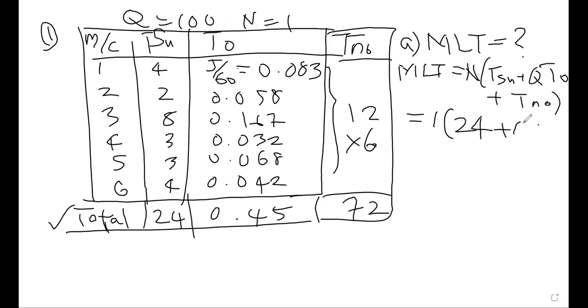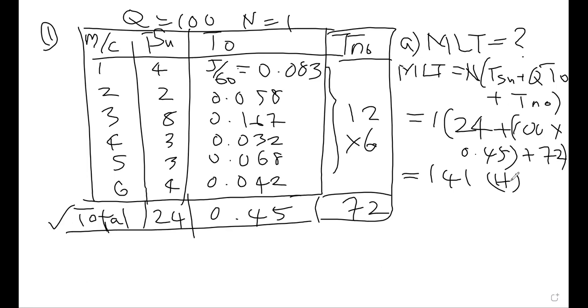So 100 multiplied by T operation 0.45, plus non-operation 72. We can calculate this and get 141 hours. This is the manufacturing lead time, MLT. That is part A.